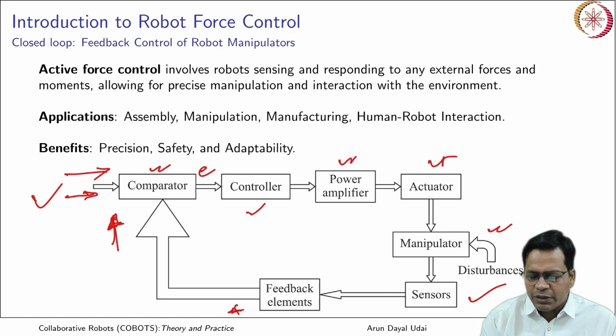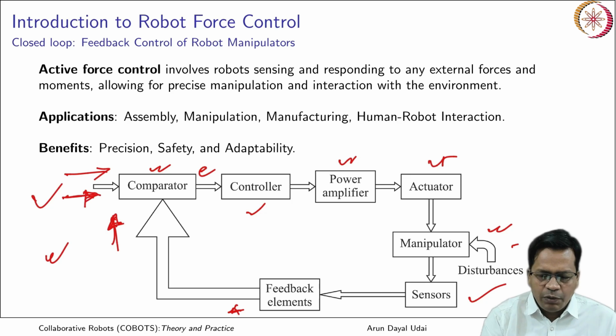Any disturbances or uncertainties are taken up by the manipulator or its end effector, and it does precise manipulation. So this is the general structure of any control algorithm. In case of force control, we restrict the commands to be position and forces only. So this will be the structure of that. That is the robot force control.